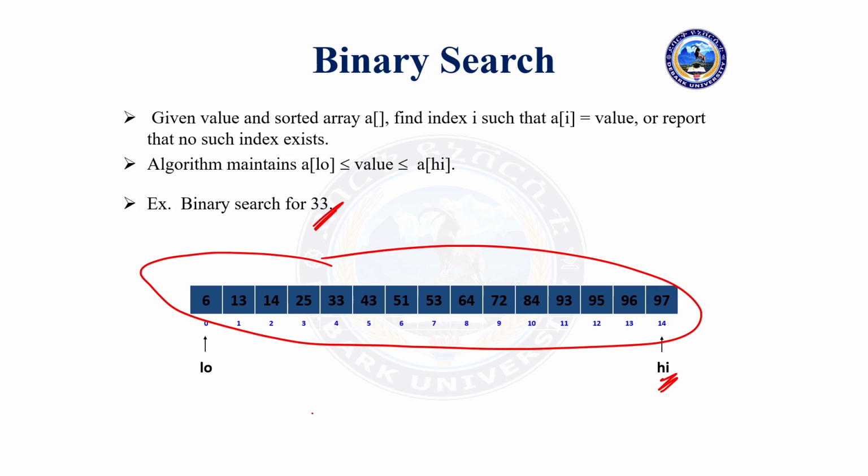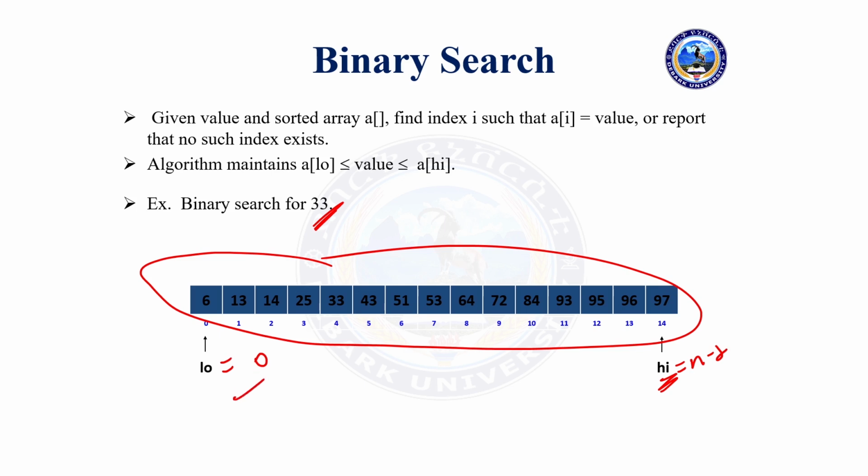Low is index 0 and high is n minus 1. At the first time, we should initialize them just like this.